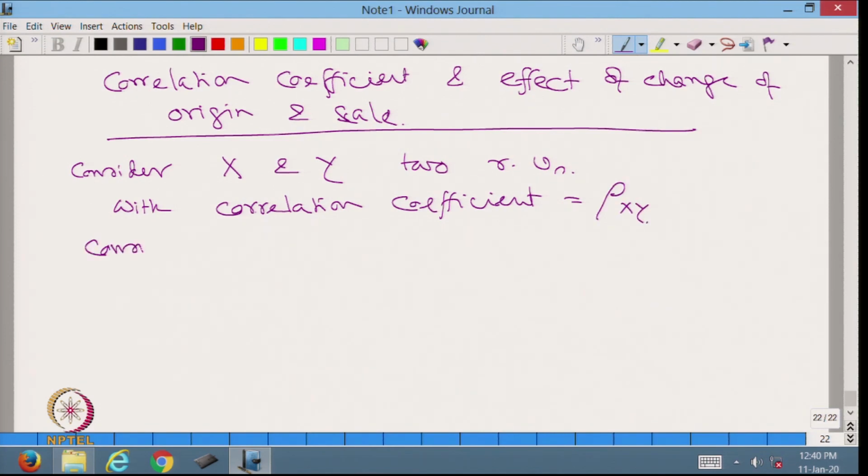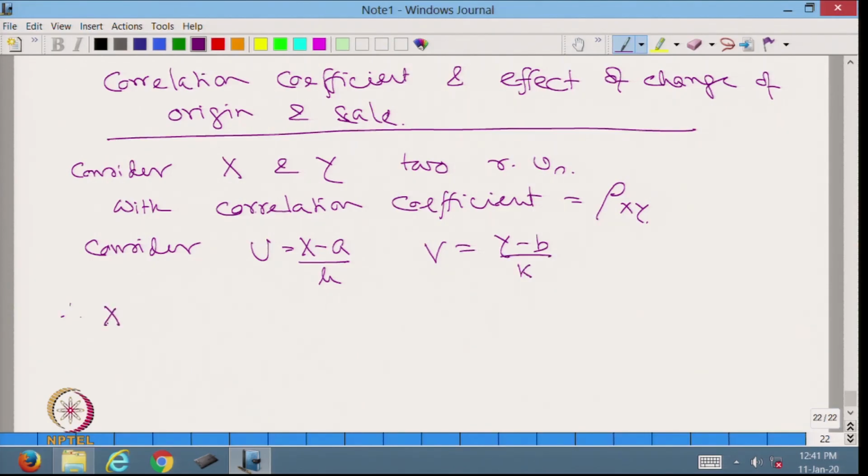Consider u is equal to x minus a upon h and v is equal to y minus b upon k.